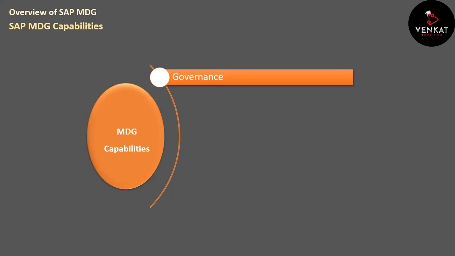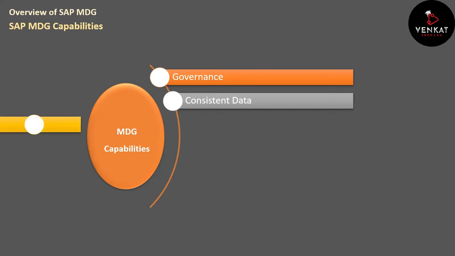There are many things that we will see. And the consistent data: we'll be ensuring consistency in the data, so there won't be any duplicate or incomplete data. The data is complete, accurate, and consistent, with no duplicates.